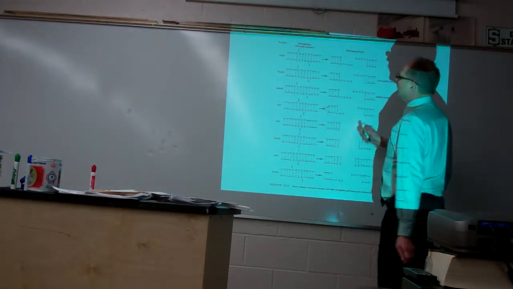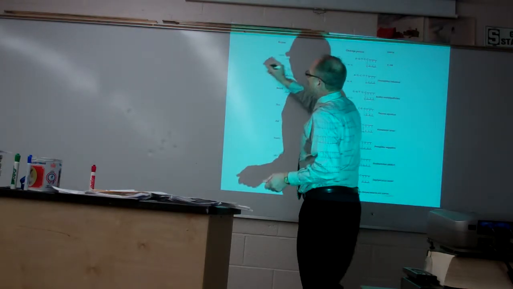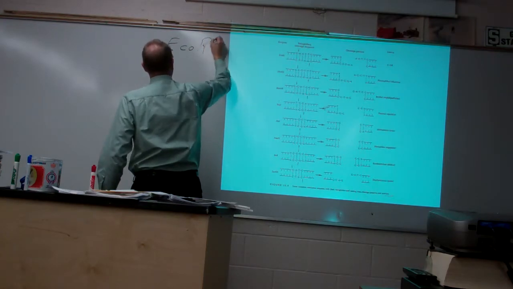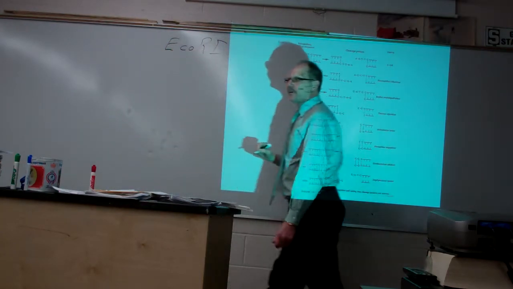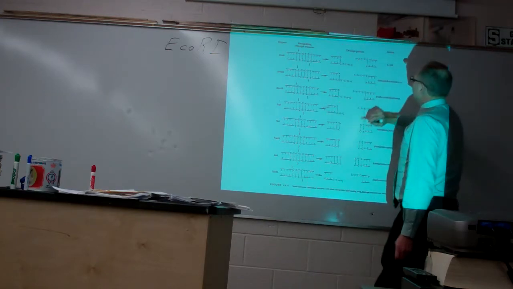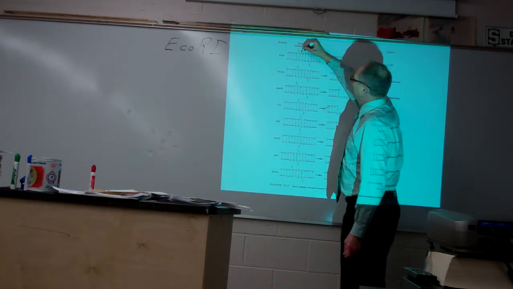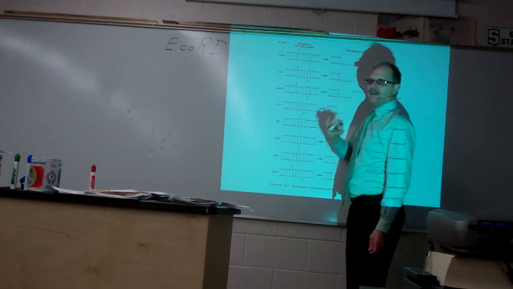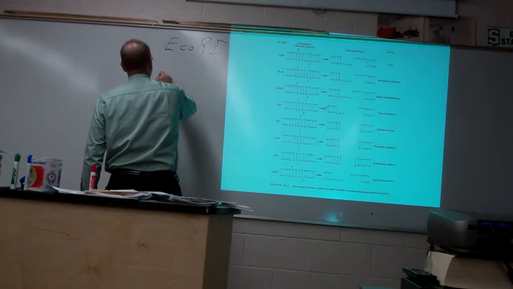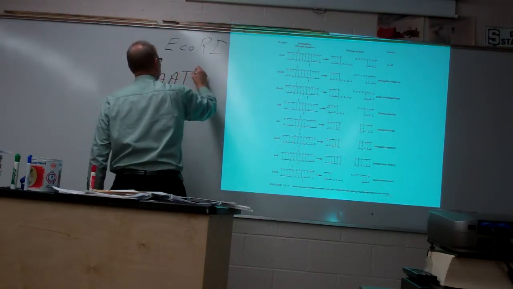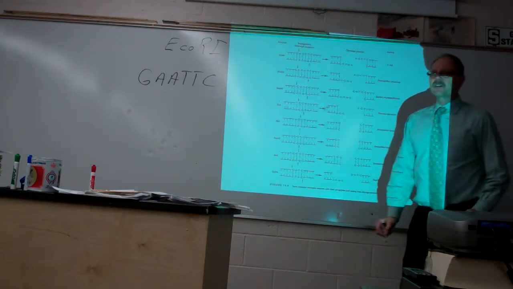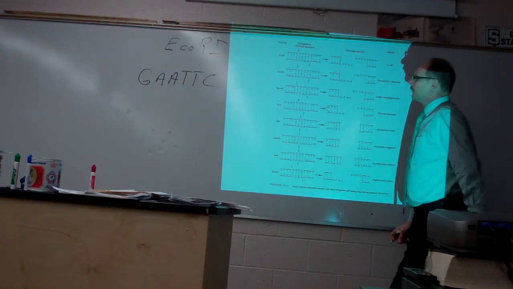What we mean by that is this. Here's one called EcoR1. This is a common one. We will be using this one on Thursday, EcoR1. And EcoR1 looks for a GAATTC DNA sequence. It recognizes that.